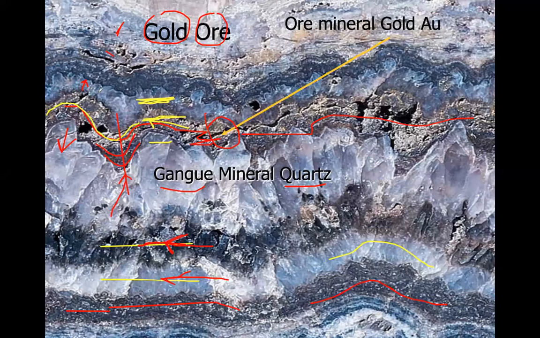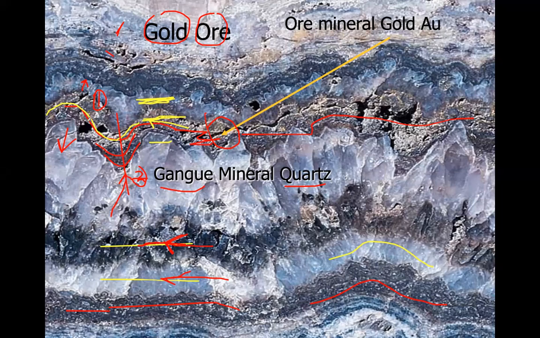So you have one mineralization here, right? This is old mineralization, and a young mineralization can be expected here as well. This type of situation we call a second generation of ore.